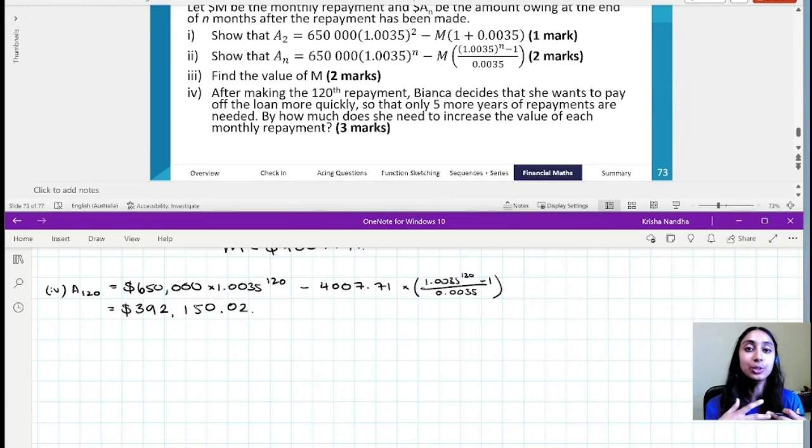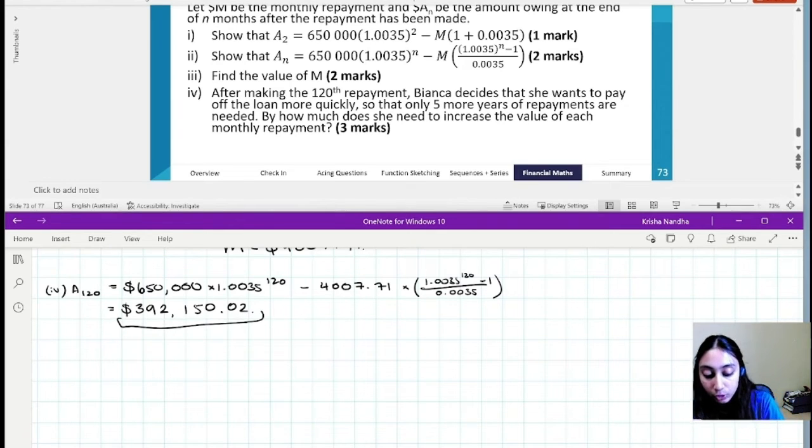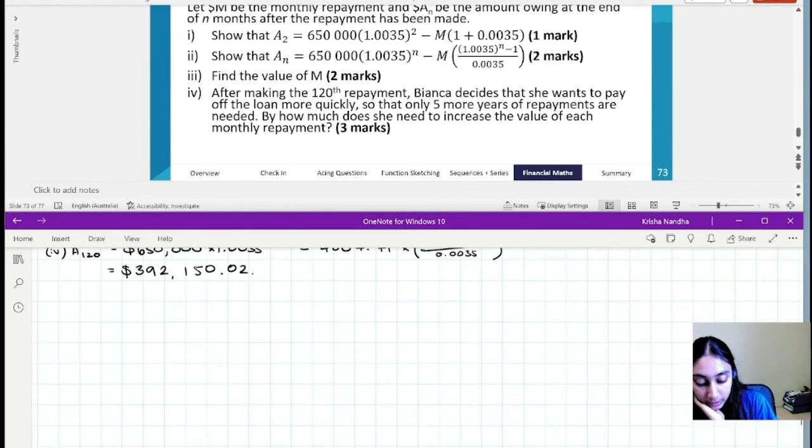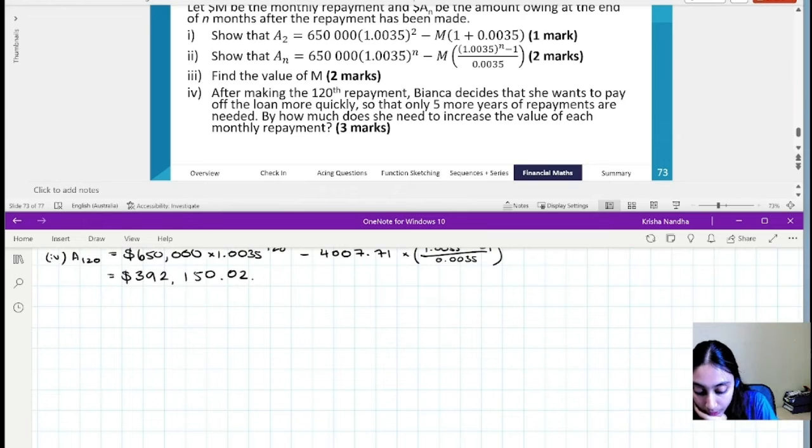So what I'm next going to do is, because I need to make a whole new pattern to figure out how much she needs to pay now, make this value my new P, my principal. So now our A0, in quotation marks almost, will be equal to $392,150.02.